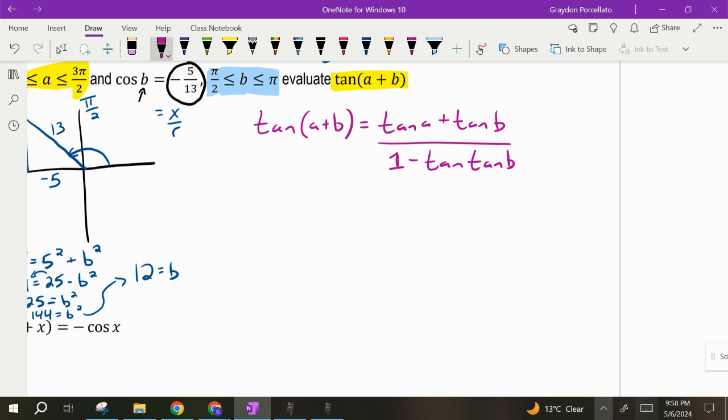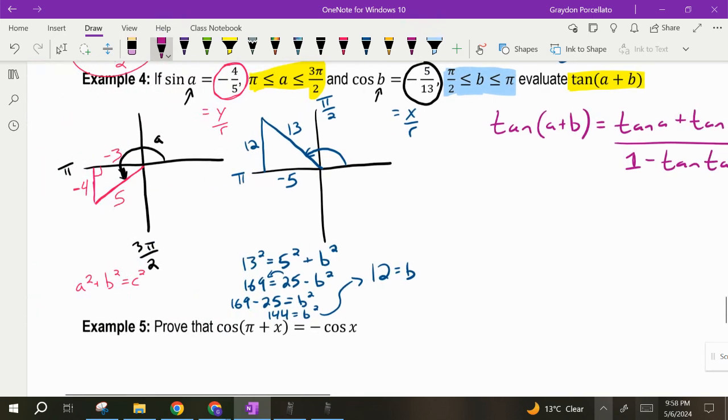So, watch this. What we know is we've created these nice little triangles. And angle A is this first triangle. And remember, tan is opposite over adjacent. So if I look at my first triangle here, here's my opposite, here's my adjacent.